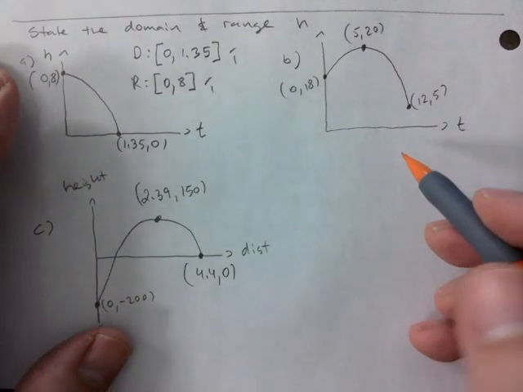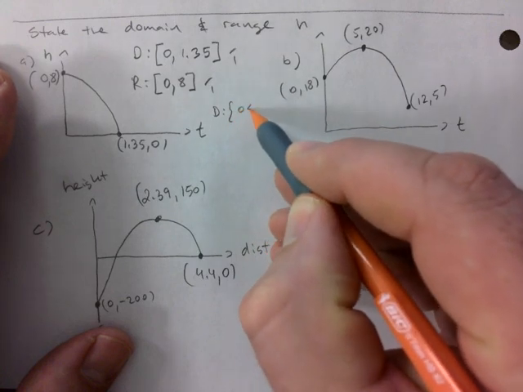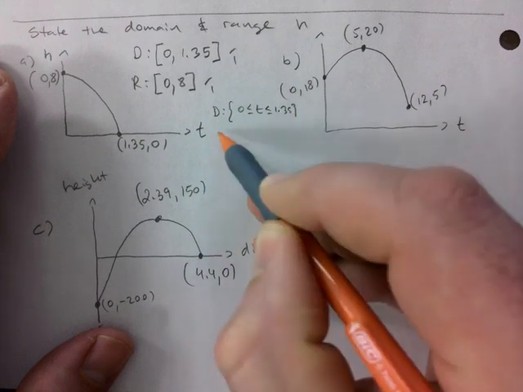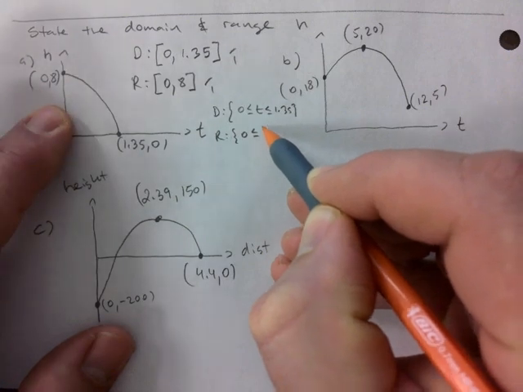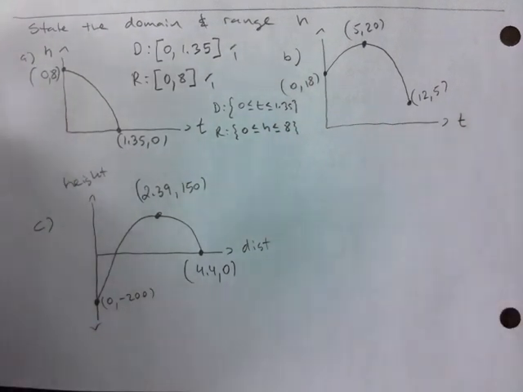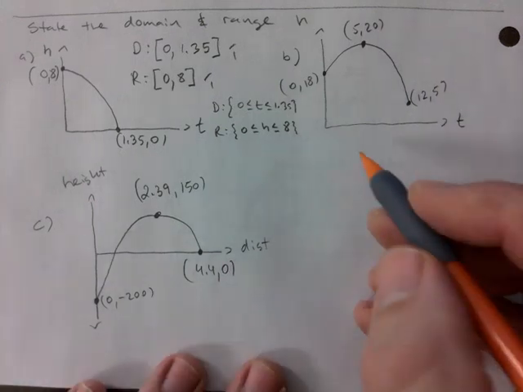It's going to be a bit crowded here, but I'll do this again. Domain, if you do set, it'd be 0 ≤ t ≤ 1.35. I don't like that, but anyways, 0 ≤ h ≤ 8, like this. 1 mark each, but you don't have to do both, okay? In fact, don't go above and beyond ever, because if you do make a mistake, then we have to take marks off as well. That's according to the province.